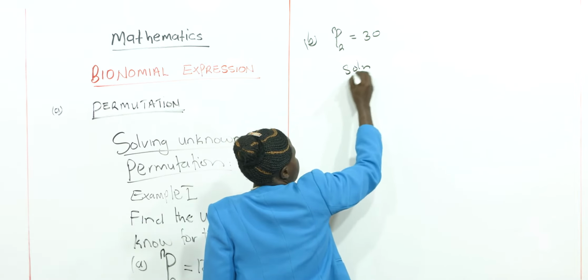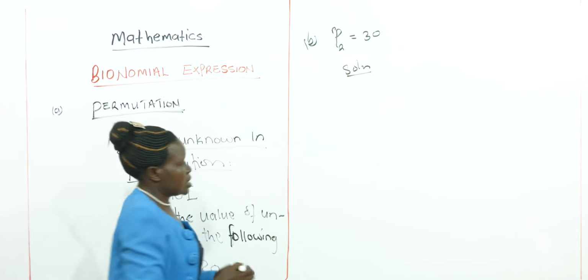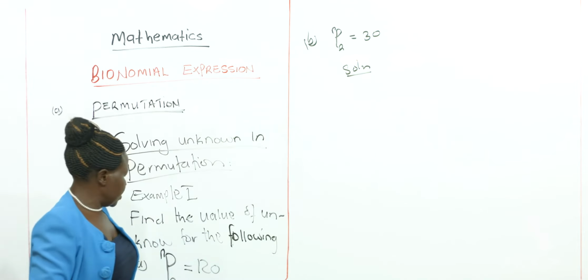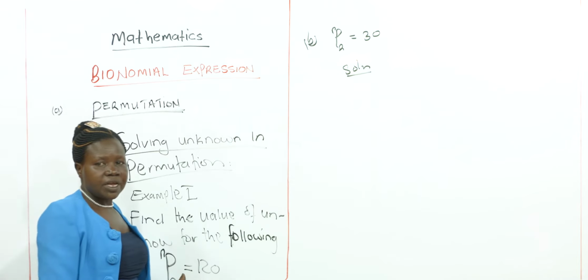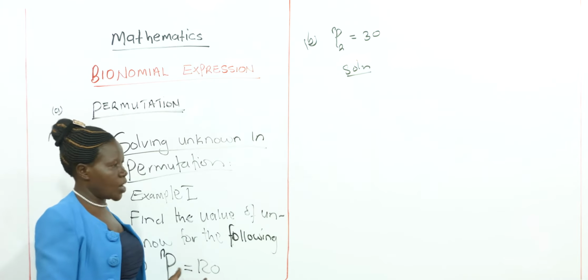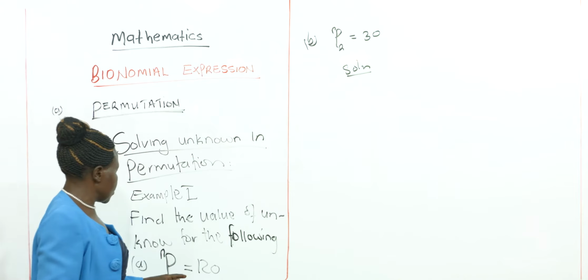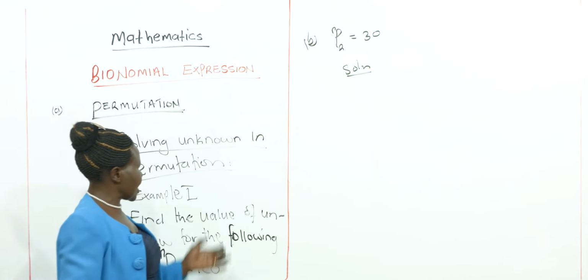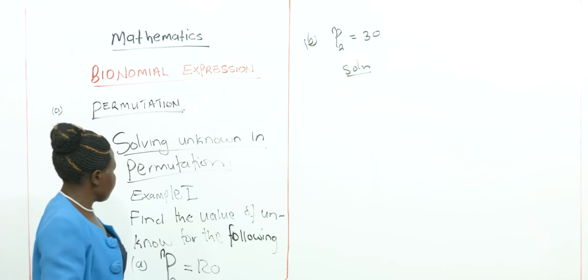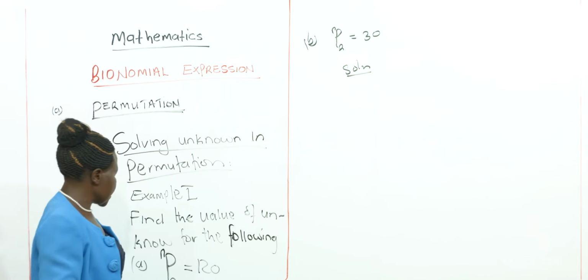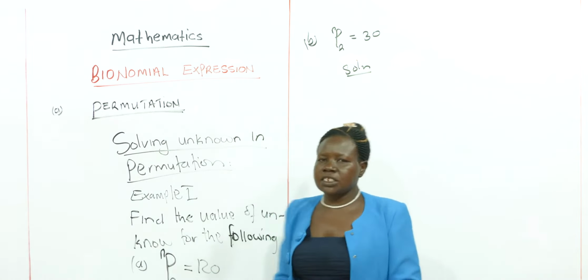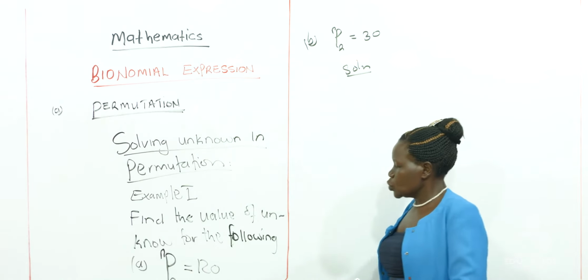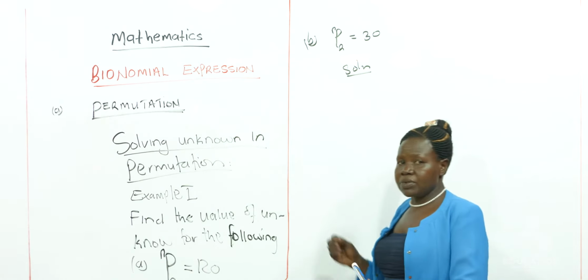So dear learners, when you are given questions of this nature, you are expected to apply permutation, under solving for the unknown. For you to find the unknown, you need to state the formula of permutation.